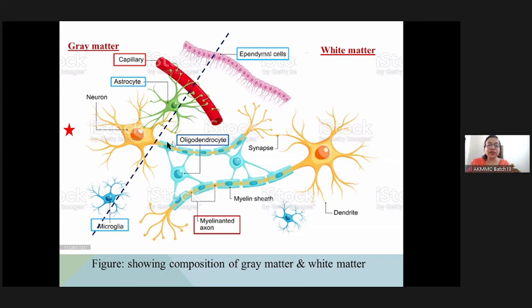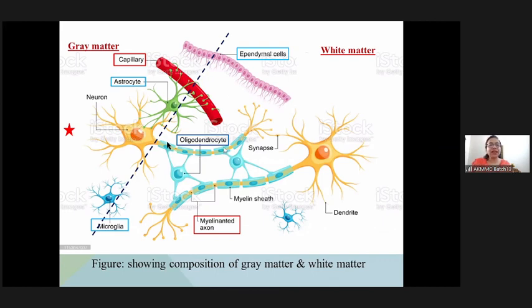Microglia also free this cell process or fiber from pathogens. This ependymal cell also separates this axon from the fluid inside the brain cavity. And this capillary also gives nutrition and oxygen to this axon.